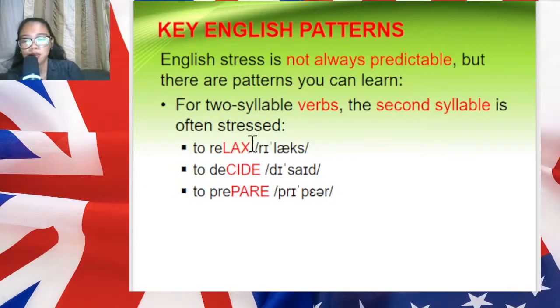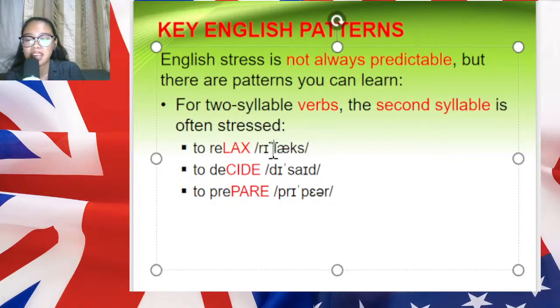And as you see, look at the IPA transcription here, everyone. The apostrophe is in the middle. It's right before the second syllable. So this only means that the second syllable will be stressed, right? It just proves that verbs usually or often stress the second syllable. Okay?